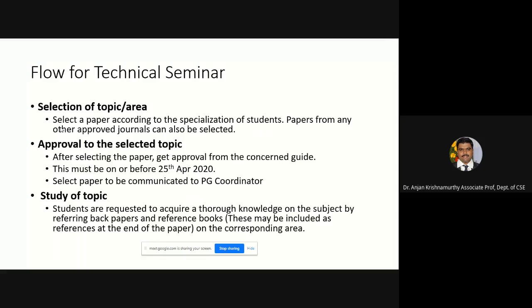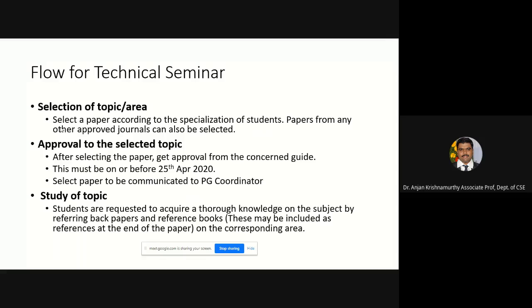Now, based on the descending order of whatever papers you have shortlisted, you communicate these papers with the titles and the dates, mentioning them in the mail to your guides, right? And after this is done, the guides may pick up one of the papers which is most suitable in that particular area, because your guides are the subject matter experts in that particular domain, right?